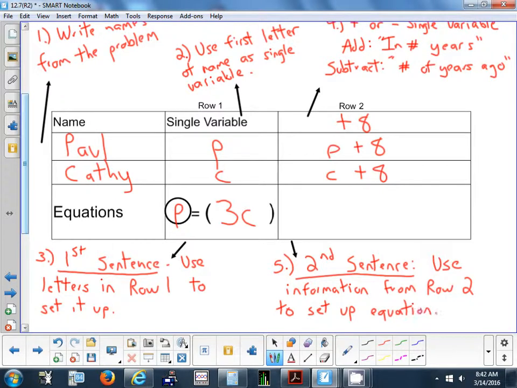All right, now we're going to use the information from row 2 to set up the equation. This is where it gets a little tricky, because when we're talking about that second sentence, we're either in the future or we're in the past.